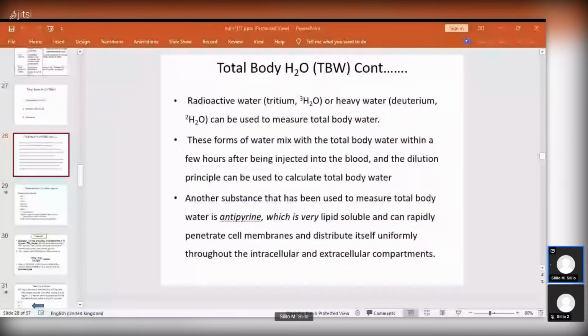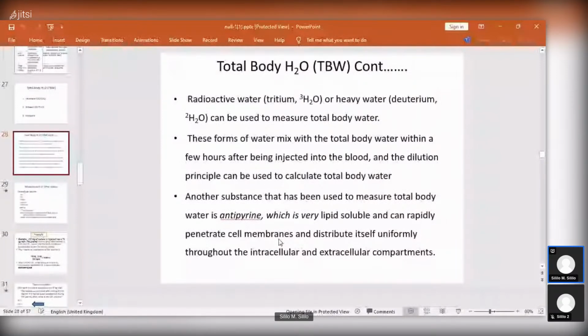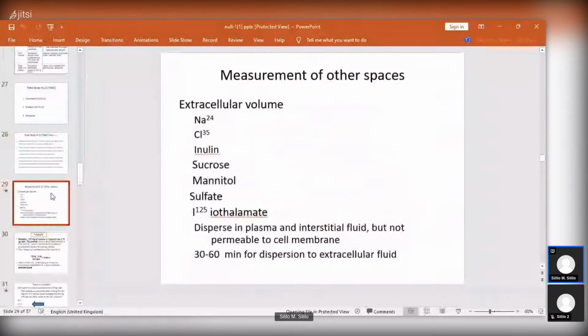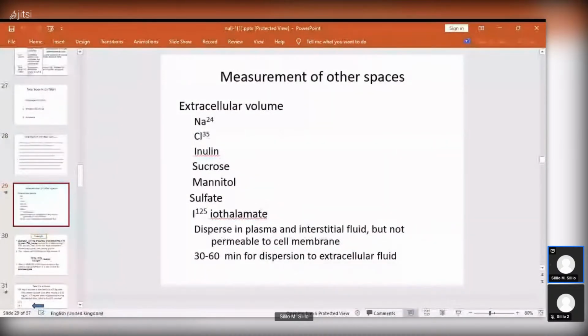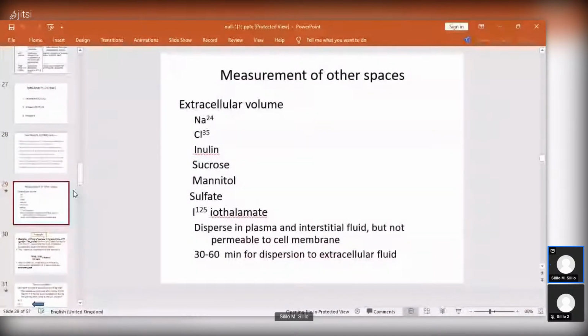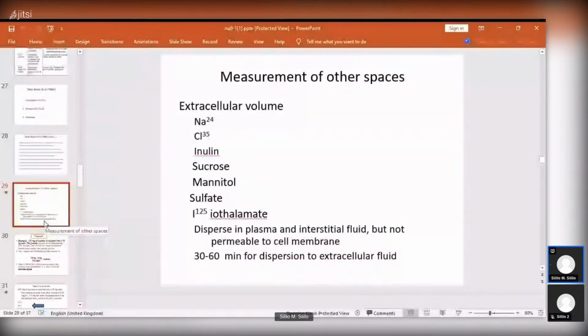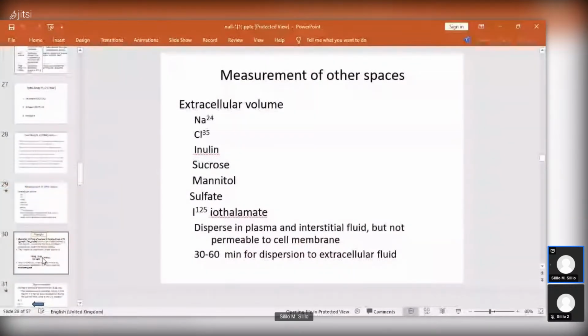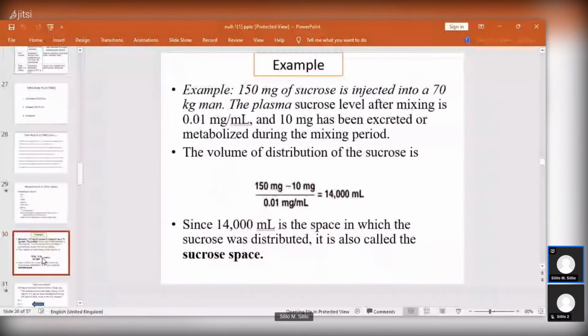How do we measure the other spaces? I think there's another slide there. Yeah, okay, the slide that I was waiting on. That's an example. Now, this example here has an answer. We can solve it.